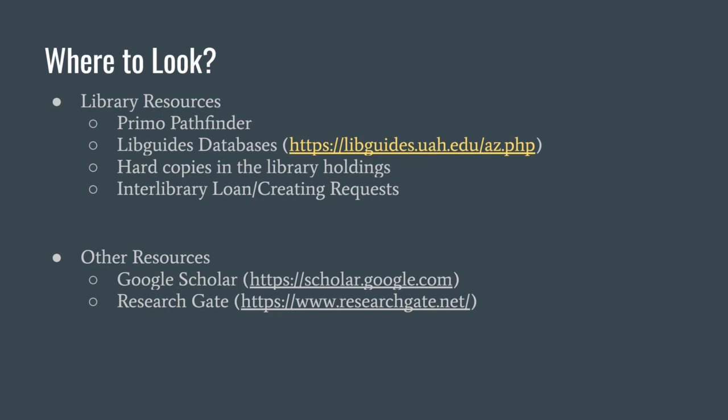And I believe, are we going to show that? Primo has that ability. Okay, if we don't demo that, let us know if that's something you're interested in, because it can be kind of tricky to find where you request through interlibrary loan. You can do that for hard copies of books, or sometimes electronic.